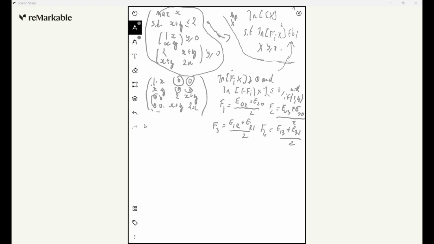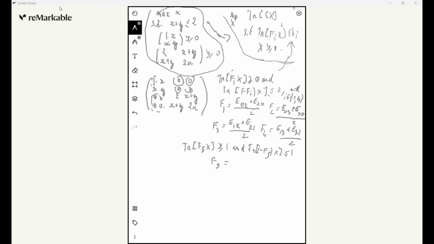So the 1, we just need to say that trace of f5 of x is superior or equal to 1, and trace of minus f5 of x is inferior to 1, with f5 equal to e11.